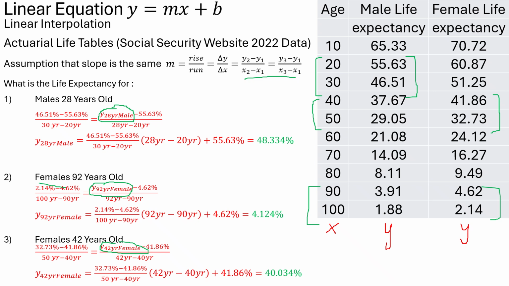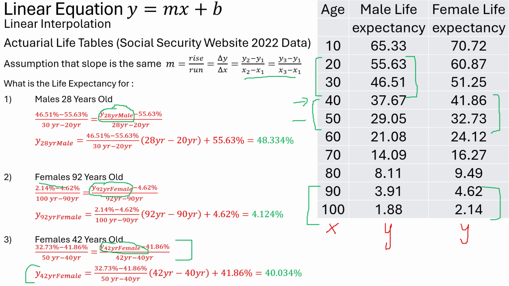You can rewrite the equation so you go directly into the final form. But in my opinion, I always go to the balance of the slopes because I don't need to memorize anything. I just need to remember rise over run in the two different sets, right? We have 3 points. So for example, in this third example for 42-year-old females, I have 1 point of 40 and 41.86%.